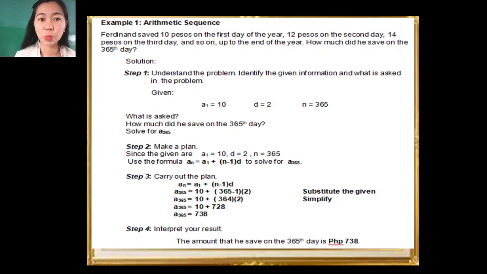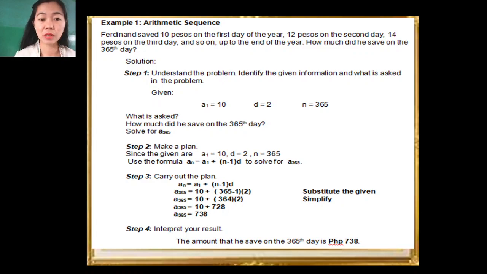For that sequence, our first term is 10, and the common difference is 2. And n is 365. We are asked to solve for the amount saved on the 365th day, and that is a sub 365.